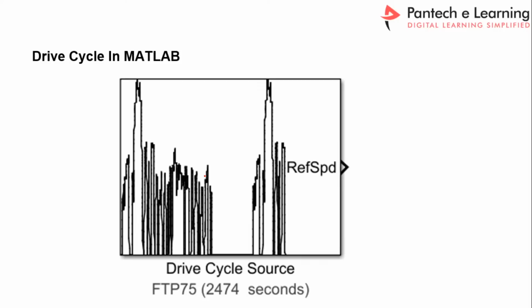Again, in MATLAB you may get a drive cycle generator. The automotive forum has given some standards: how long it should be high and how long it should be low for the automated lab test. That block is also available in MATLAB Simulink.